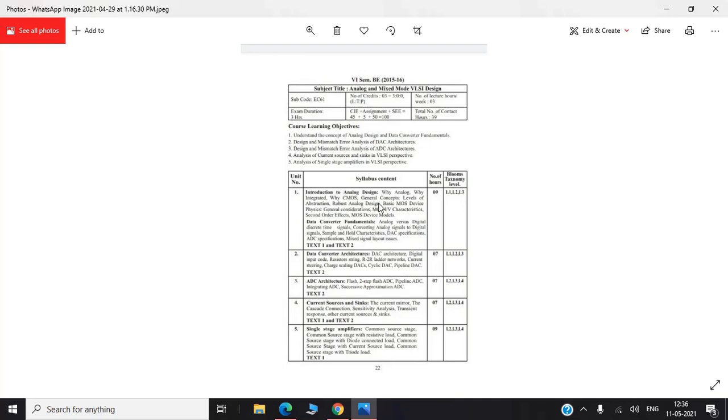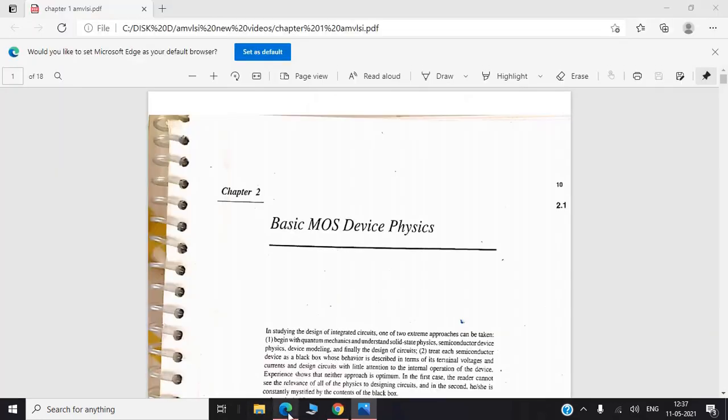Abstraction is nothing but levels, like how Bloom's taxonomy has L1, L2, L3. Similarly, there are levels of abstraction in a circuit. If you go for a NOT circuit, first, the first level of abstraction. So this will be the NOT circuit.